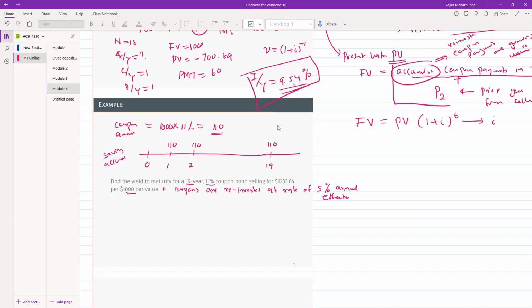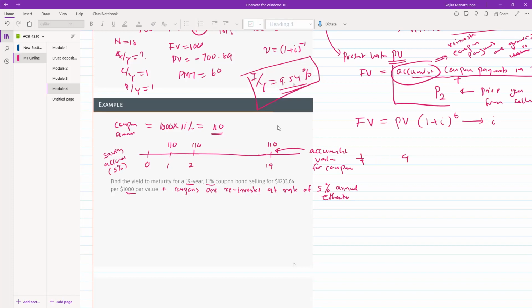Now for the savings account, the rate is not 11%, it's 5%. So the accumulated value after 19 years for coupons is not 110 times 19. Okay, that's not true.